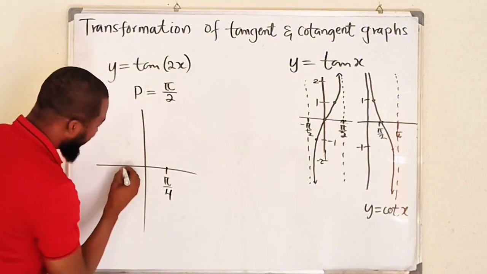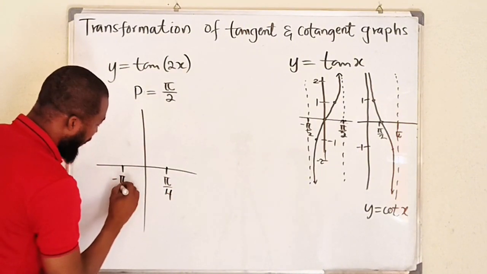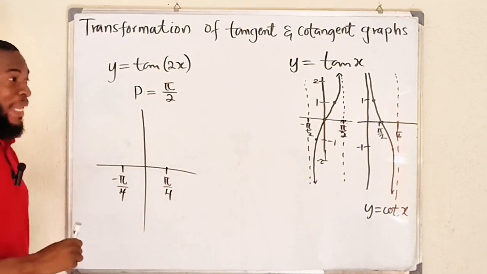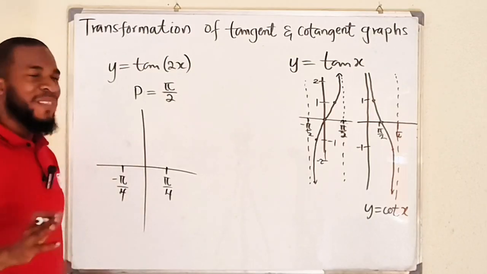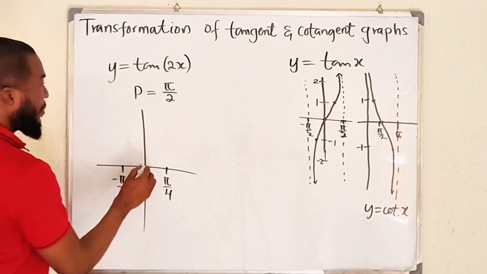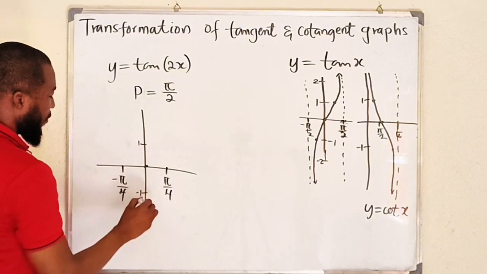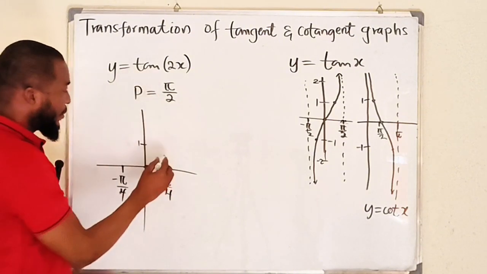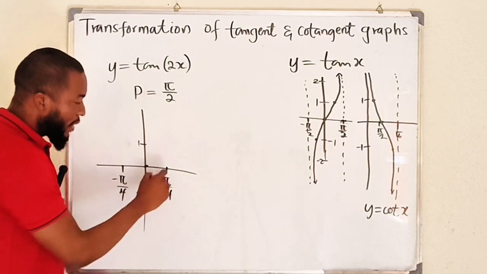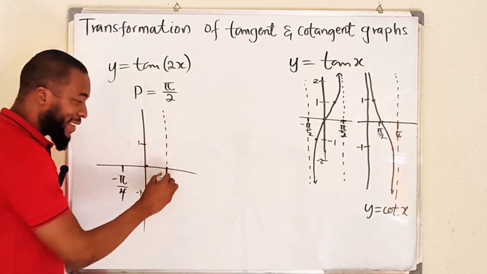All right? To the left, we're going to have -pi/4. You repeat everything. Remember, you used to have a point here. This is 1, this is -1. You used to have, this is tangent, remember? So this is now going to be a vertical asymptote.